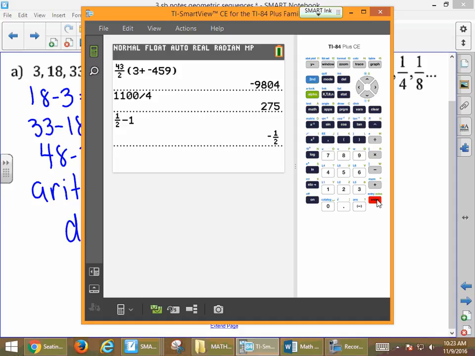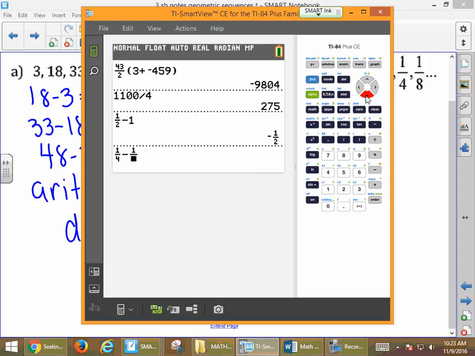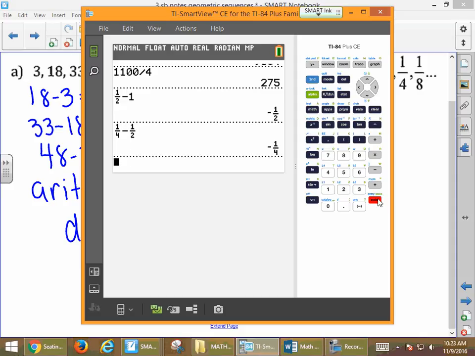And then when we do 1/4 minus 1/2, we get negative 1/4. They are different, so it's not going to be arithmetic.